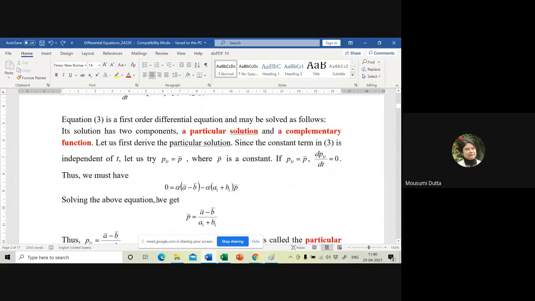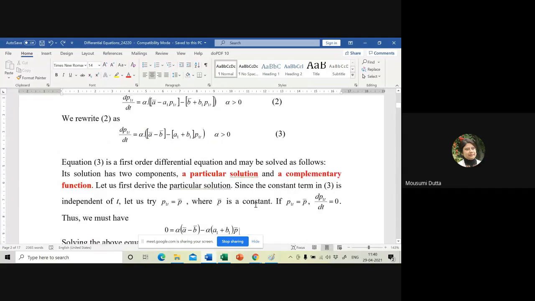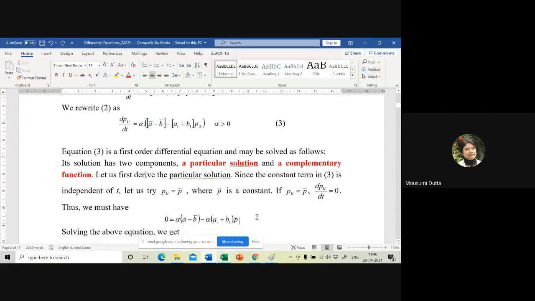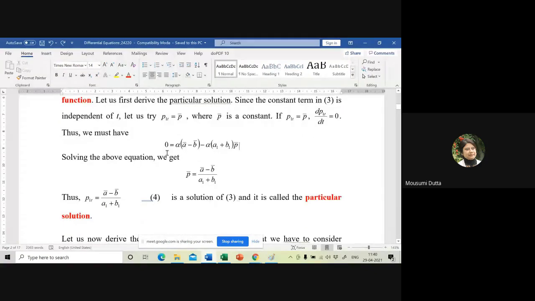So I'm putting that value 0 on the left, and in place of P1t, I'm putting P bar in equation number 3. As I do so, I get the value for P bar, which is given by this one. Thus, P1t is equal to A bar minus B bar by A1 plus B1, equation number 4, is a solution of 3 and is called a particular solution.